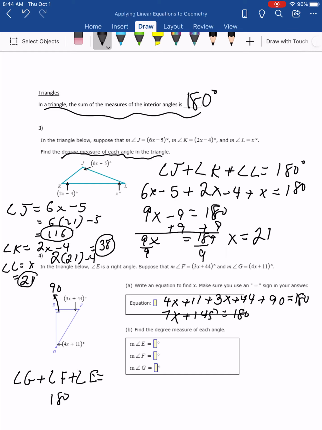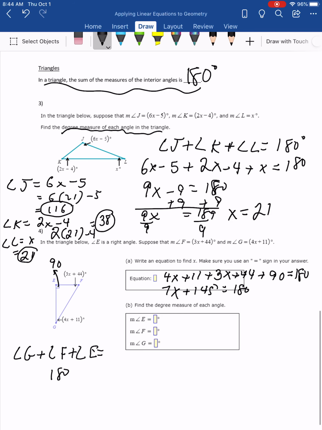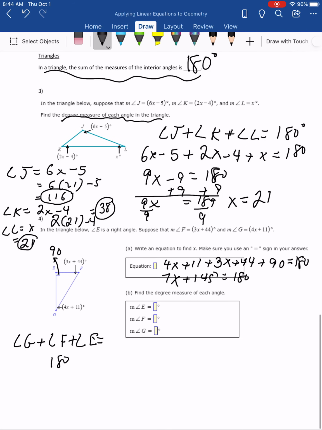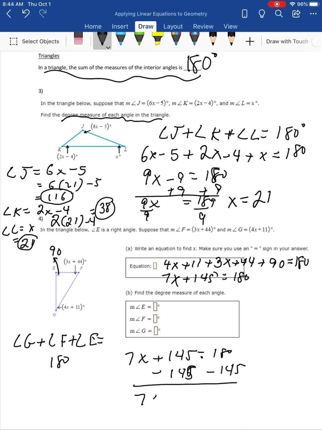The second part, we want to actually find the degree measures. So let's solve the equation we found in the first one. 7x plus 145 equals 180. 7x equals 35. 7 divided by 7, that means x is 5.